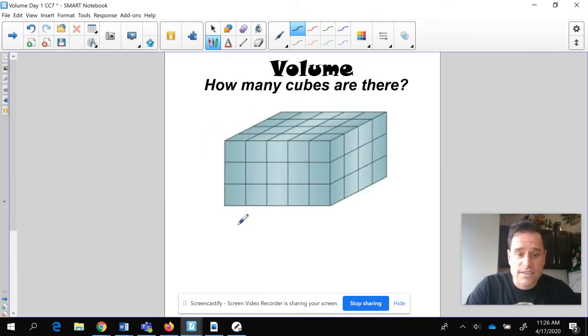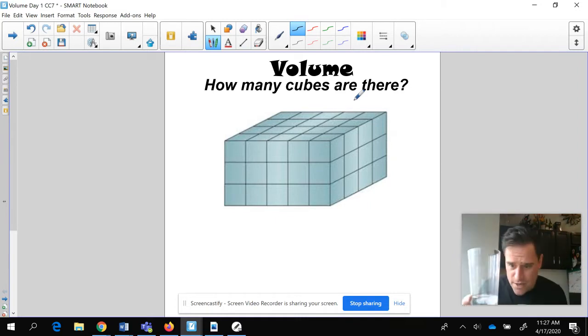So let's get started. Volume, you guys can see here, is all about how many cubes, how many cubic inches, feet, centimeters, miles, how many cubes are in something. So you guys see this water right here? This volume, how much water is filled up, how many cubes of, I'd probably use cubic inches of water fills this up.